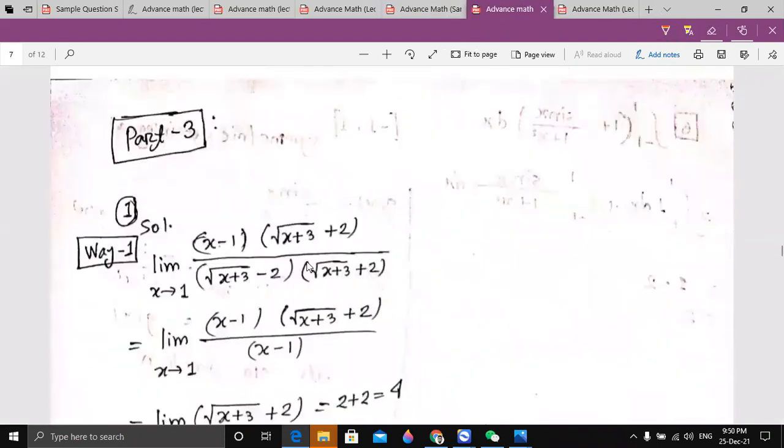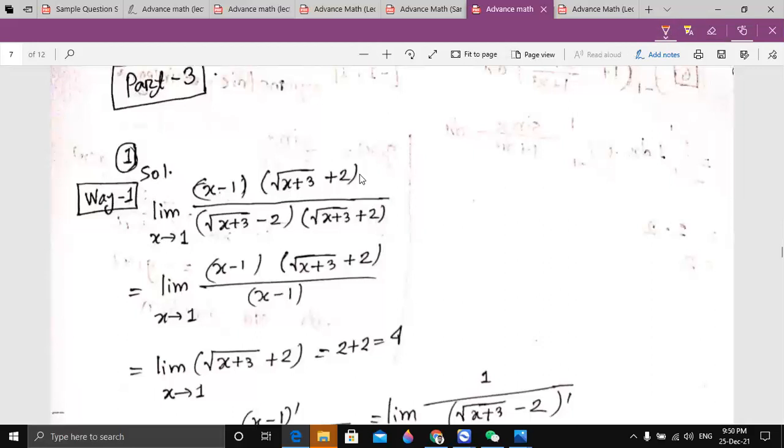So here I just multiply using their conjugate, okay? That means the opposite sign. You see here is minus, but I multiply using plus. So I multiply the conjugate on upside and downside. So here the conjugate is root over x plus 3 plus 2.